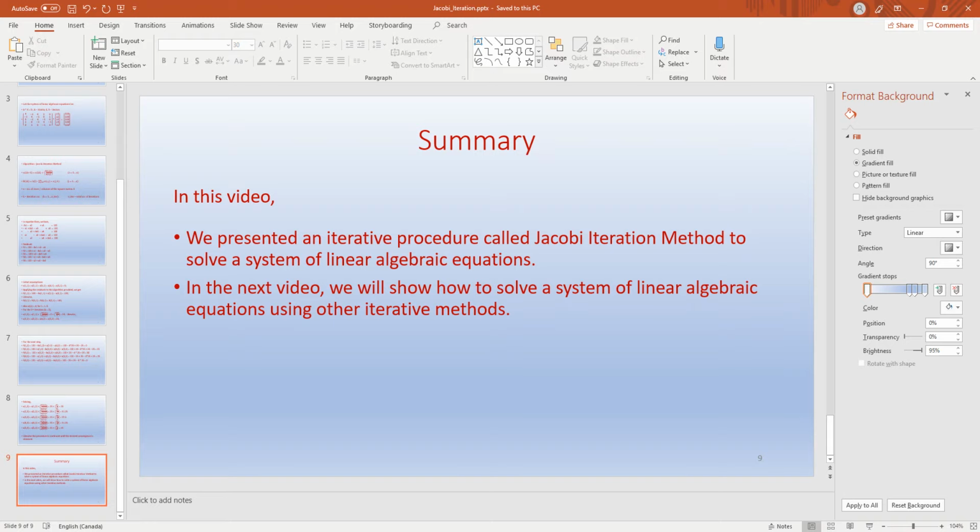For example, n can be up to 100 or more. In the next video we'll show how to solve a similar set of linear algebraic equations using other iterative methods. There are methods like Gauss-Seidel methods and successive over relaxation or SOR methods.